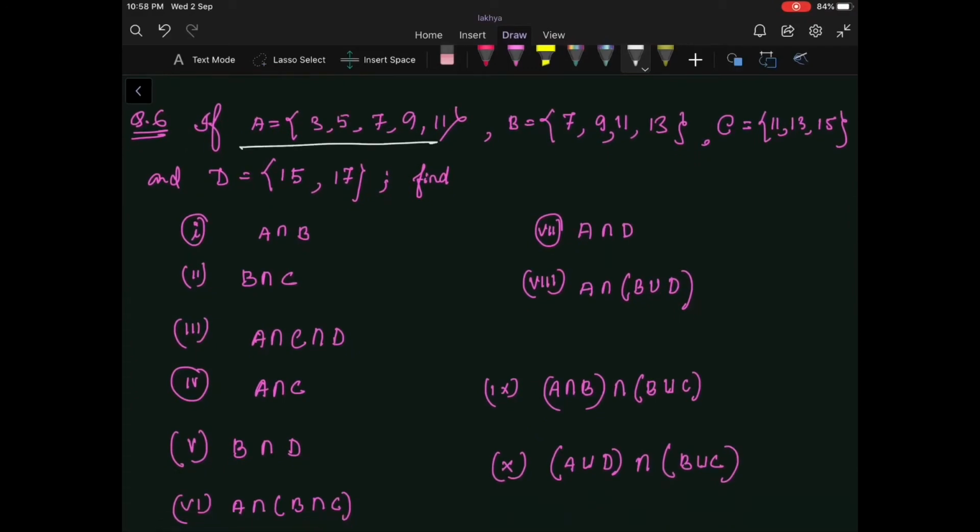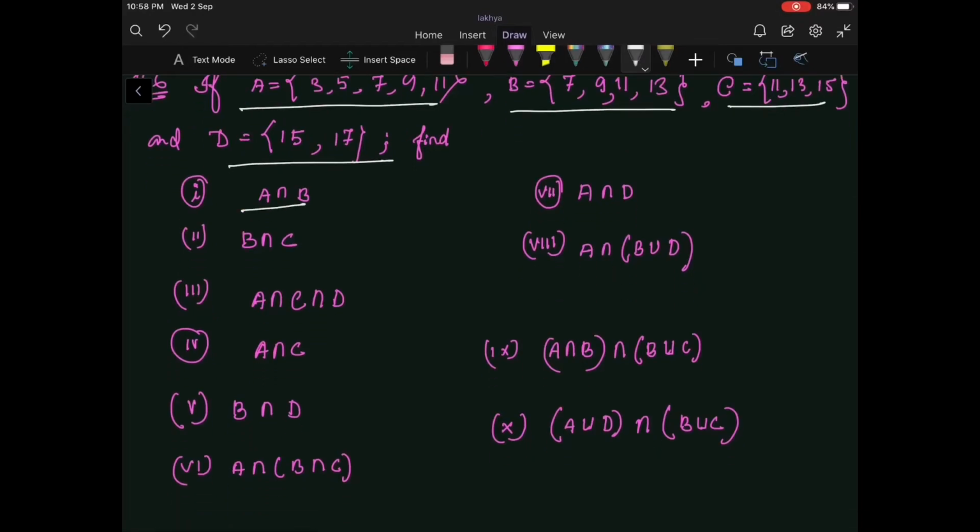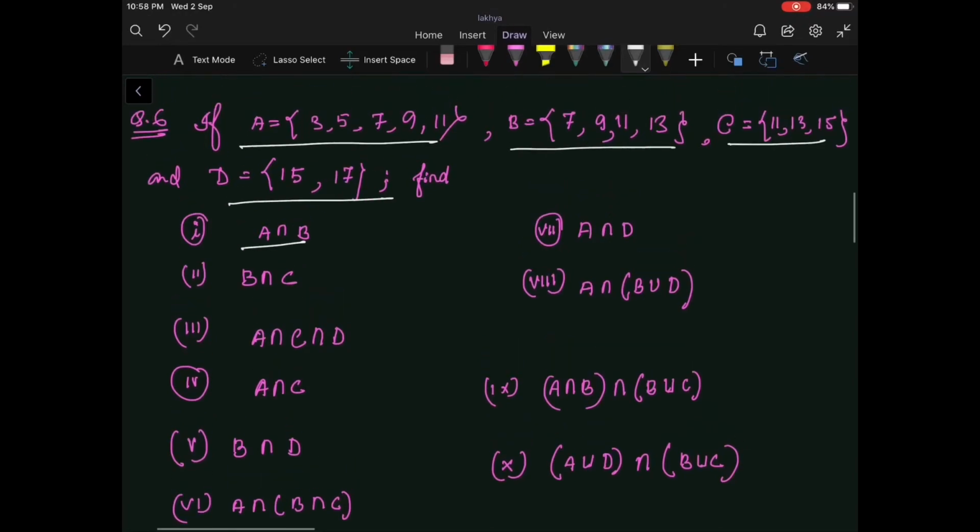If set A is this, B is this, C is this and this is D, then we need to find those. First we need to find A intersection B. How to find A intersection B? We need to find the common elements in these two sets.